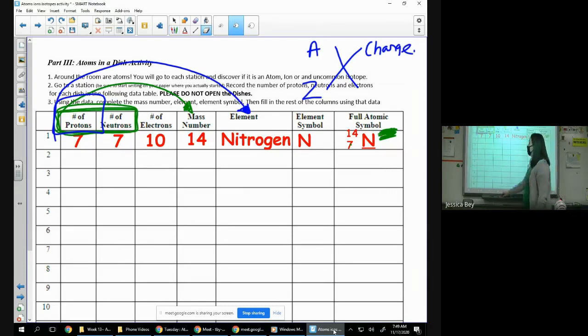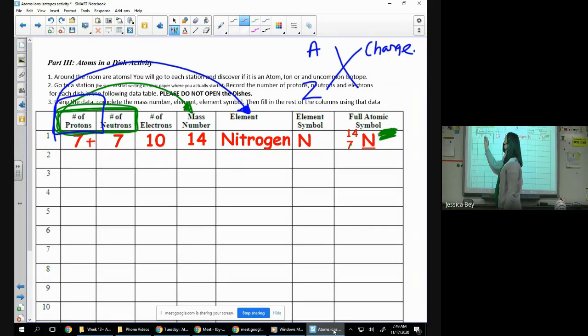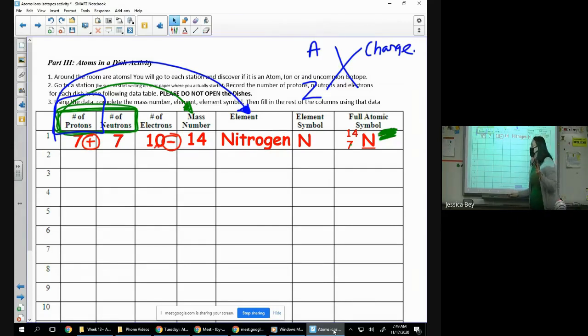If I have 7 pluses and 10 minuses, I have extra negatives, correct? I have extra negative electrons. How many extra negative electrons do I have? I have 3 extra negative electrons. So that means I am negative by 3.